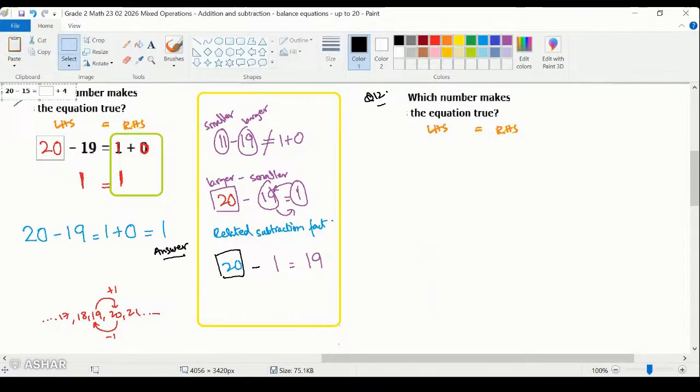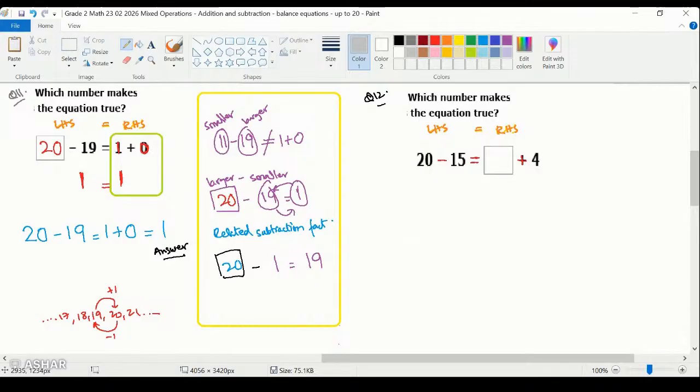The question says this is the number given to us, and they are saying 20 minus 15 should be equals to a missing number plus 4, right? What is 20 minus 15? How can we do this?